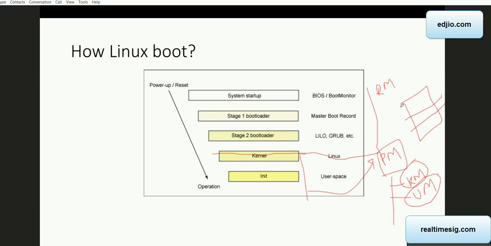The process executes in this mode. If the program starts executing and goes beyond this memory boundary, then the processor will generate an exception. That's the difference between kernel mode and user mode.